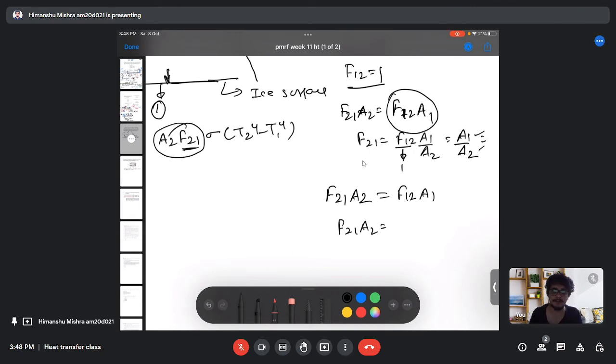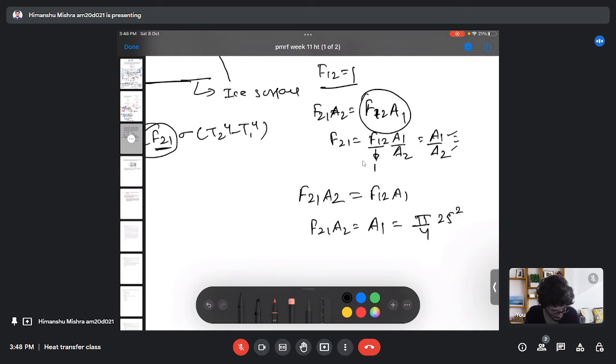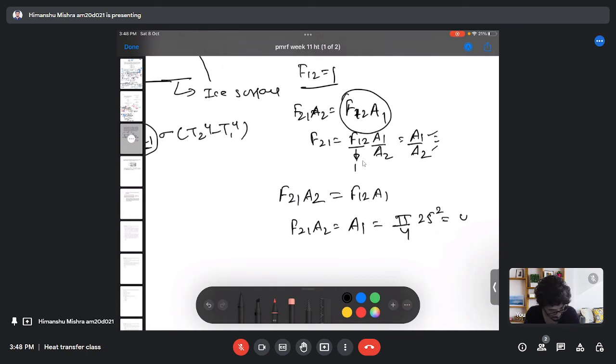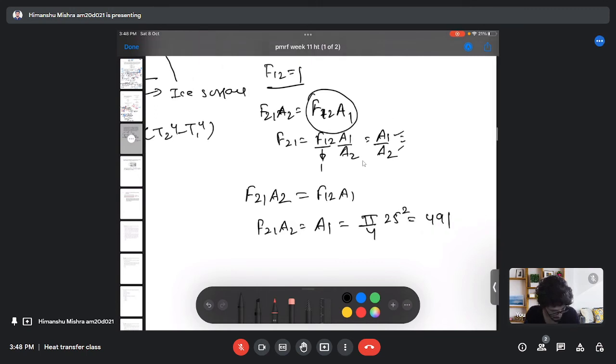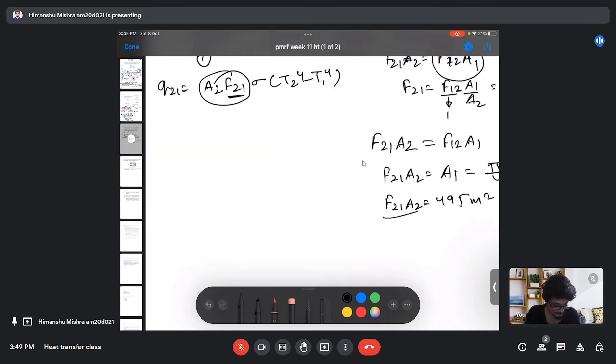So my F12 A1, where A1 is given as pi by 4 times 25 squared, is 291 meter square. So my F21 A2 is 495 meter square. So I can directly use this relation in the heat transfer relation.